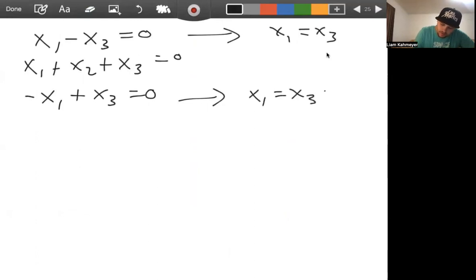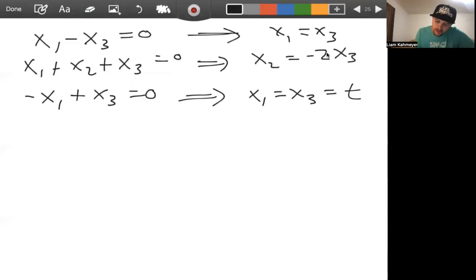Let's give that a parameter t, okay? And then the middle equation tells us that x2 is equal to negative 2x3. And so for vectors x, it looks like we'll have t, negative 2t, t.